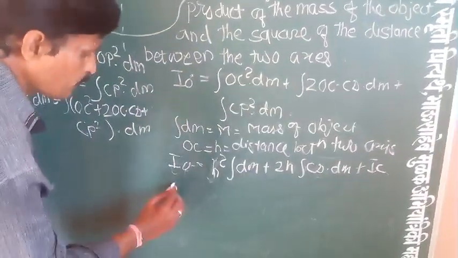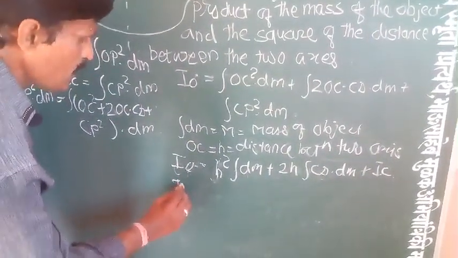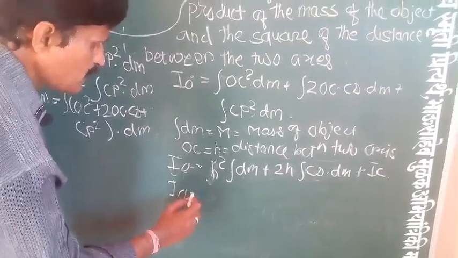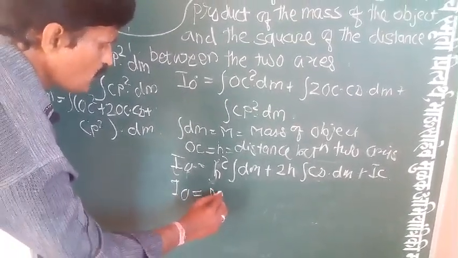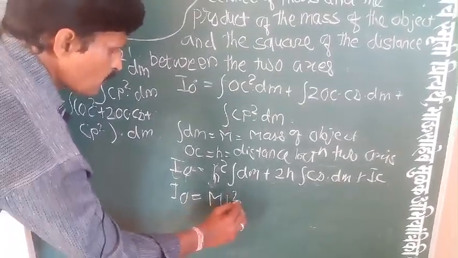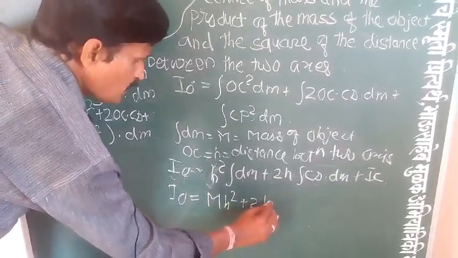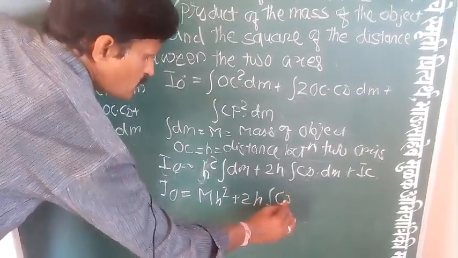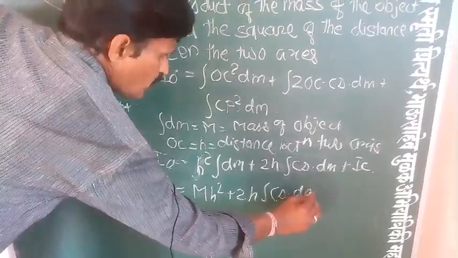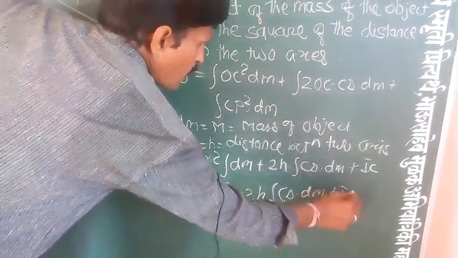Integration of dm is m, so IO is equal to m h square plus twice h integration of CD into dm plus Ic.